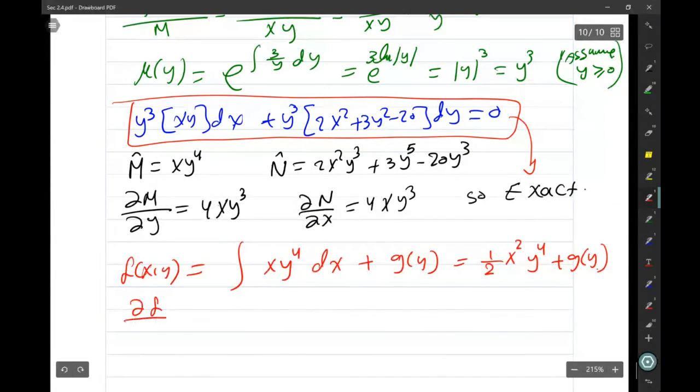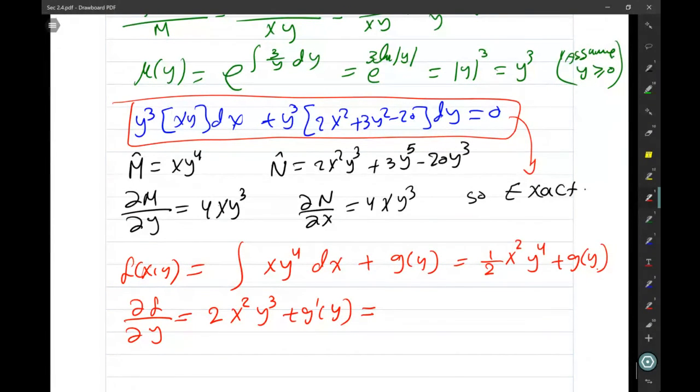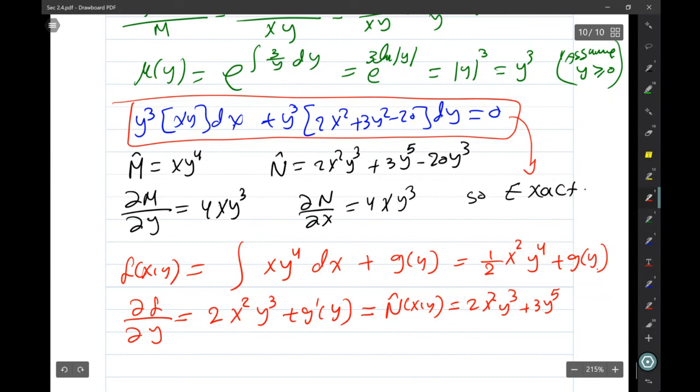Now df by dy becomes 2x squared y to the power 3 plus g prime of y, which should be equal to N-bar of xy, which is 2x squared y to the power 3 plus 3y to the power 5 minus 20y to the power 3.